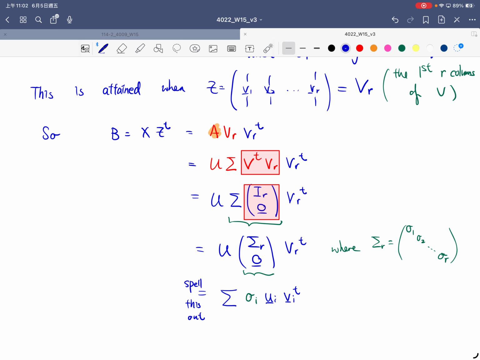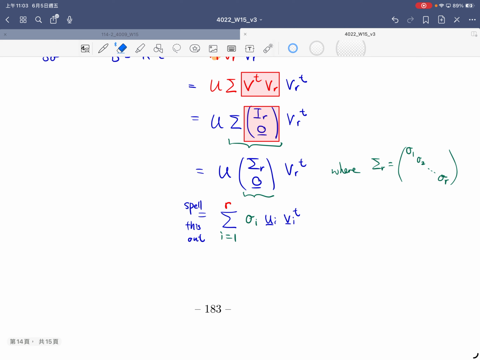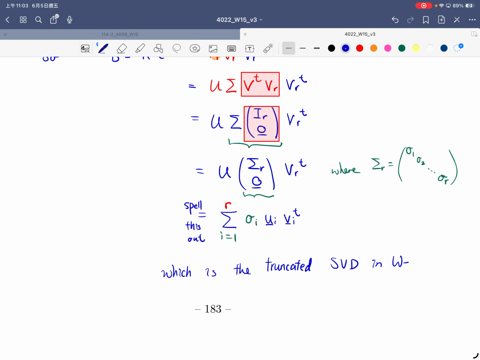So a sum of rank 1 matrices, but not all of them, only for i from 1 to R. And what is this? This is exactly what I called the truncated SVD in week 9.